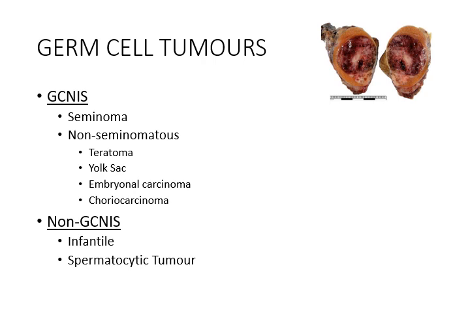So what we mean by teratomatous elements are either mature or immature tissues from a whole range of types. There might be mature or immature skin, mature or immature epithelium, immature cartilage, bone, neural tissue and the like. There might be components that recapitulate the embryologic yolk sac.